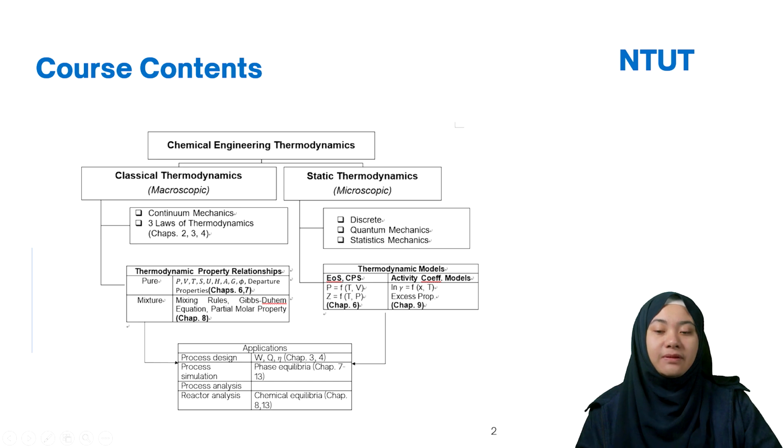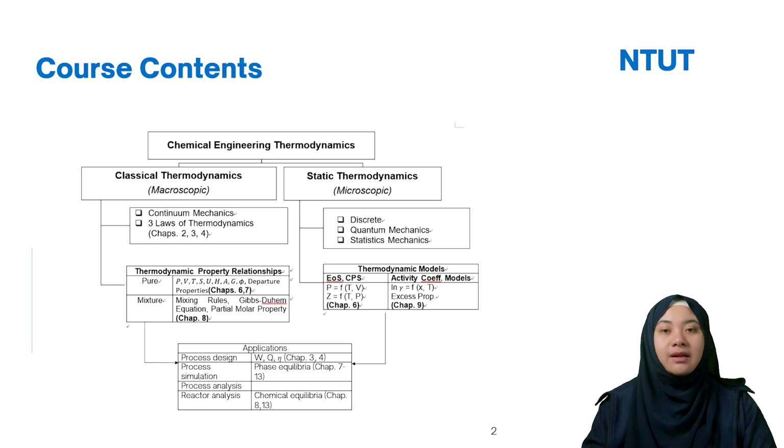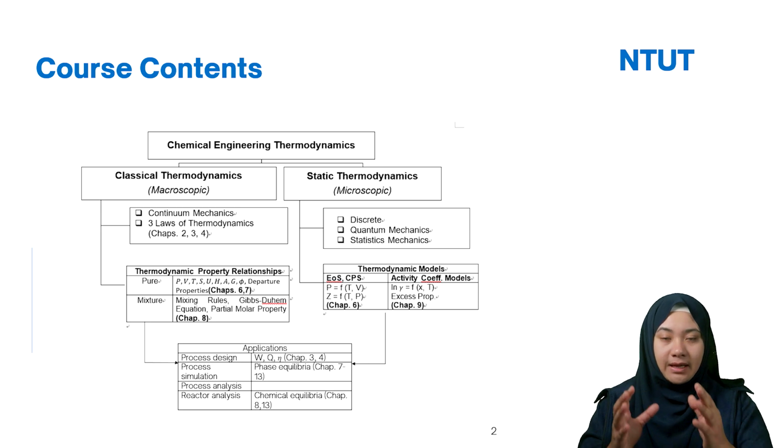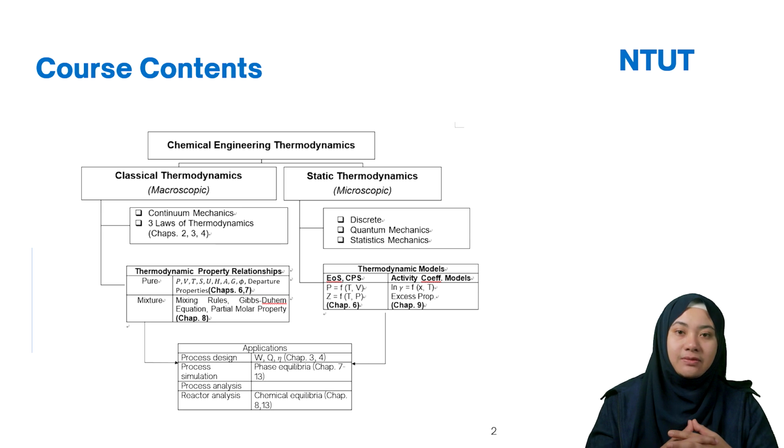Also for mixtures, we need to use the mixing rule. Suppose I have two compounds and you mix them; you need to know how the compound A and compound B interact. So in this case, we need the mixing rule.